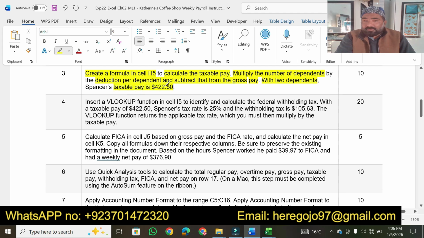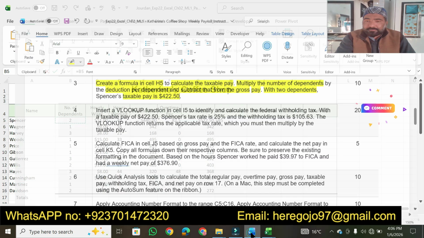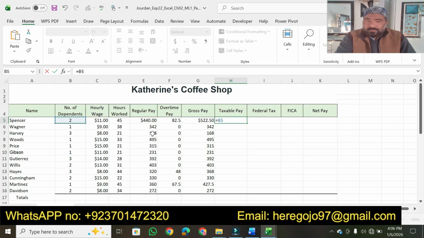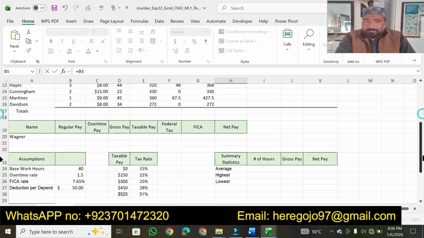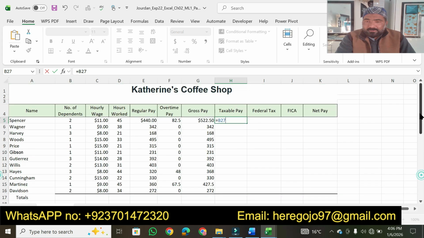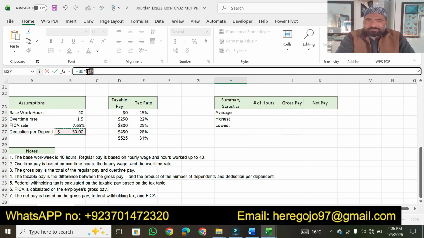So now we have to calculate taxable pay: equal, multiply number of dependents by deduction per dependent, this one. Okay, first we have to multiply this one by deduction per dependent. We have to make that absolute.